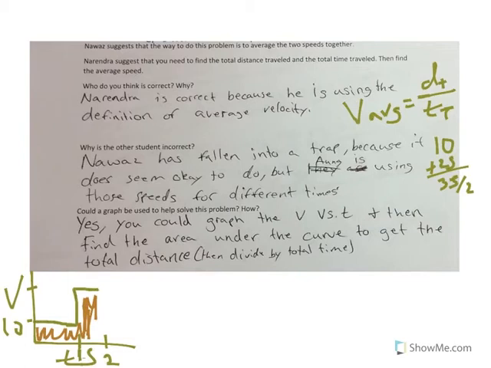You could also, I suppose, I saw this somewhere, one of y'all did this, I suppose you could do something like this where you have the distance and time graph, and you go ahead and figure out the exact distance it goes in the first bit, and then the last bit.